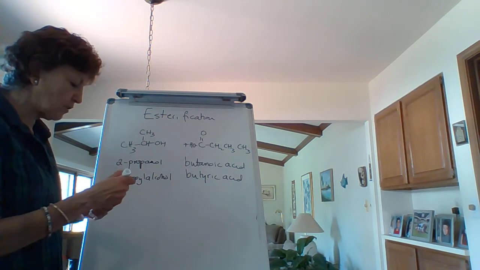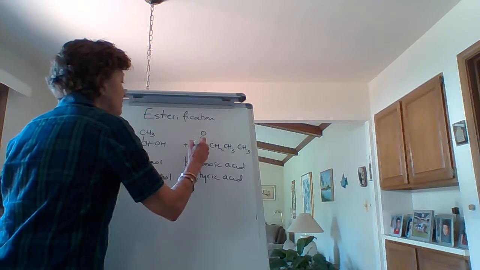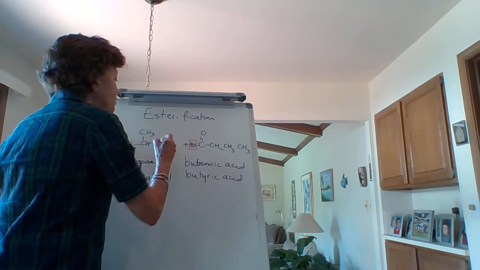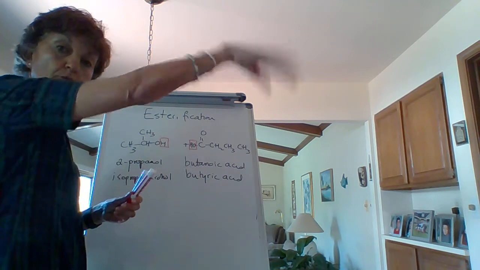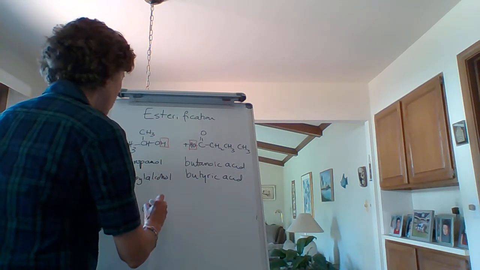All right, so what did we say we're going to do? We're going to remove the OH from the carboxylic acid, the H from the alcohol. They form water. Now let's stick it all together. So I've got this.